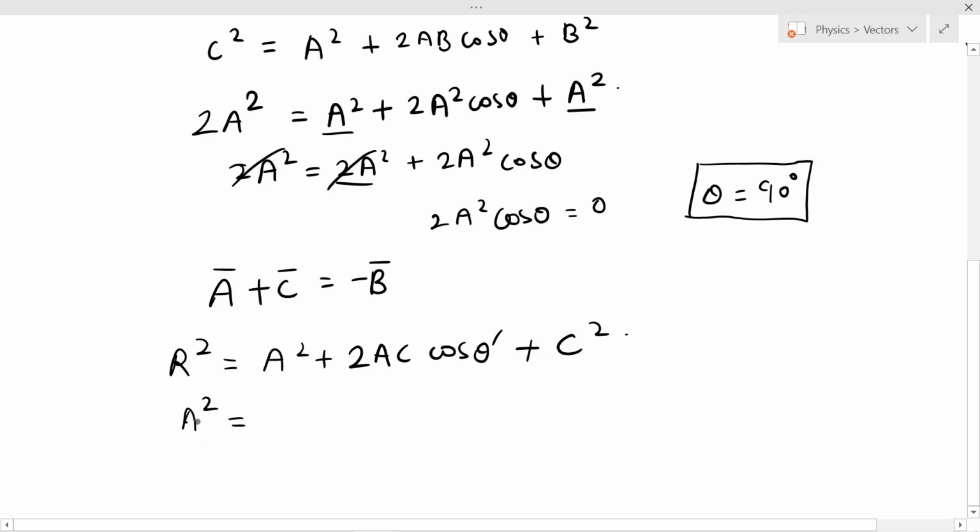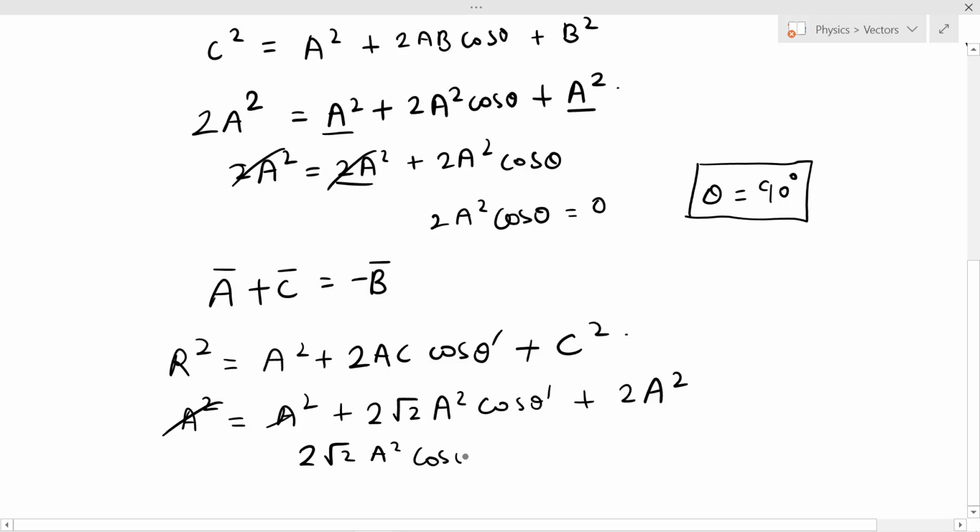So this becomes a square plus 2 root 2 a square cos theta dash plus c square, which is again 2a square, because c is square root of 2 times a. So this gets cancelled, and this becomes 2 root 2 a square cos theta dash plus 2a square is equal to 0.